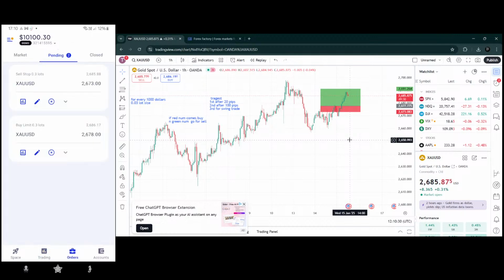So this is our first day trade for the day. And now there is one more from the top side if anybody wants to go for sell. Selling point is 2700.